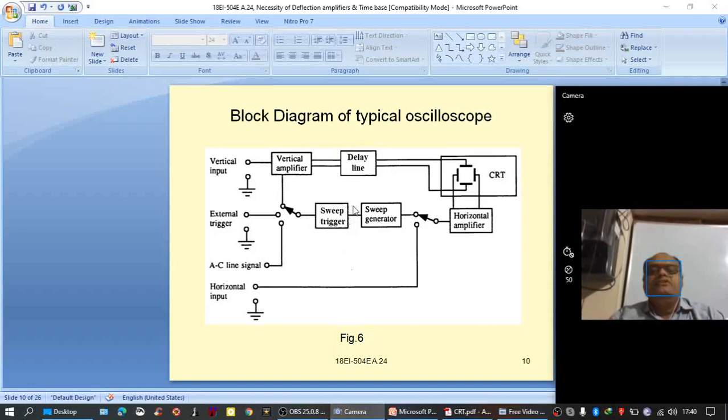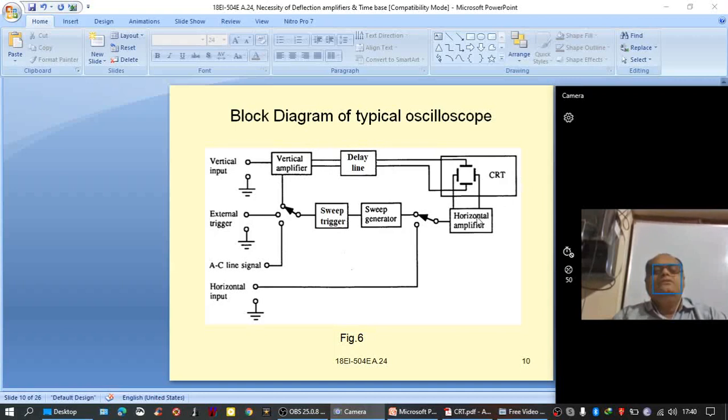Then those trains of pulses are converted into a linearly varying ramp using this sweep generator. Now, this sweep trigger circuit and sweep generator circuit are followed by the horizontal amplifier. These three will take certain time for producing the horizontal signal.